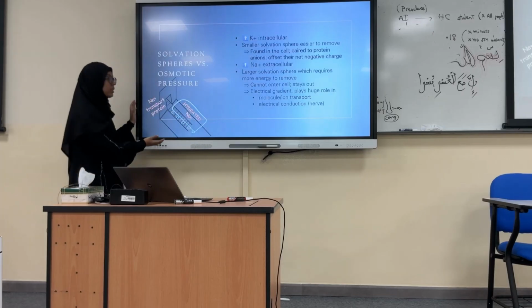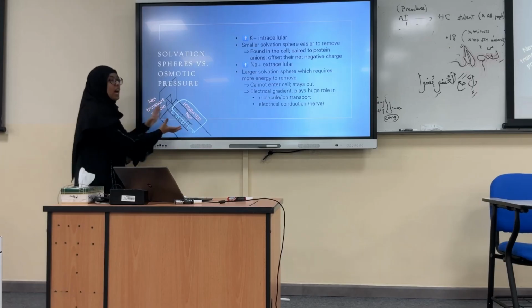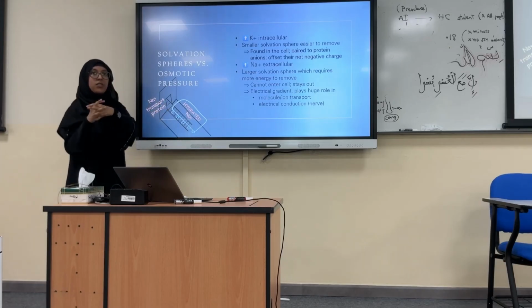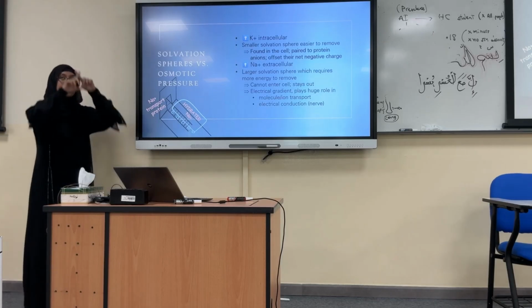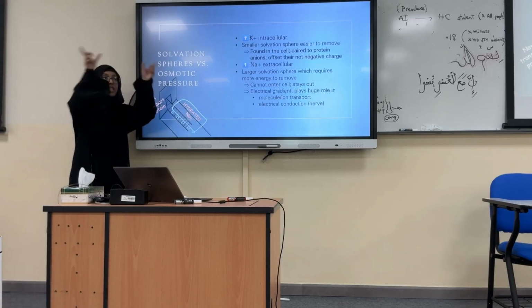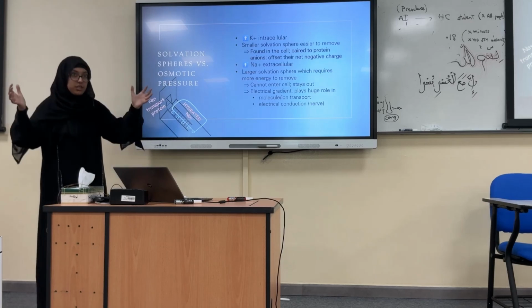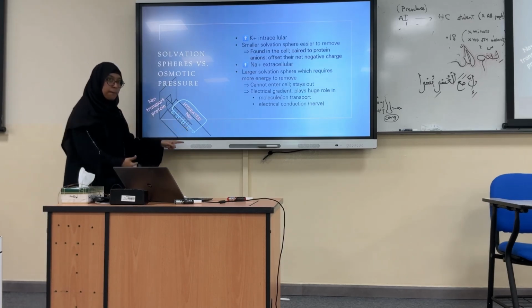That's a cute little drawing I made here. So you have a hydrated sodium solvation sphere that is trying to enter the sodium transport protein in the membrane. It's trying to cross the membrane, but it cannot because its hydration sphere is so tight and so large. So it needs to get rid of its solvation sphere to move in.